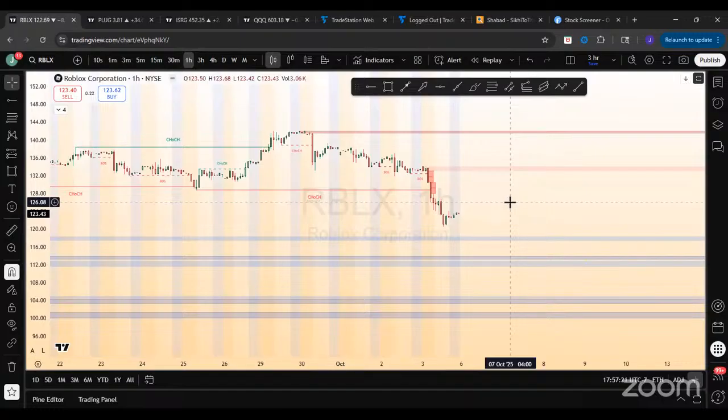If you wait for the confirmation to come, let's say confirmation comes somewhere up here, by that time this option chain is going to be expensive. At that point, you may not even want to use this option chain. Maybe you want to look at the same ticker with a different option chain that could be cheaper, could be better, right? So it becomes a little bit complicated with options.